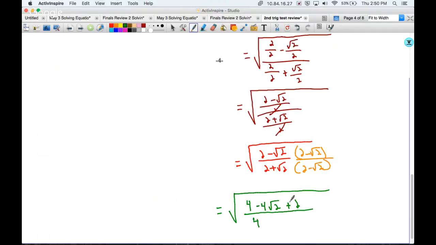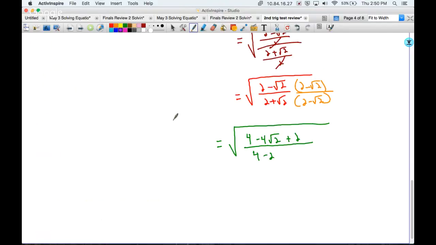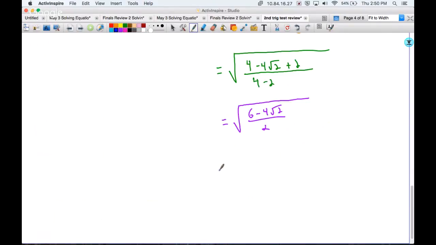The middle terms cancel out, and then I get a minus 2. Let's keep going. Now we combine like terms. We'll have 6 minus 4 root 2 all over 2. Actually do that, divide by 2. We'll get the square root of 3 minus 2 root 2.